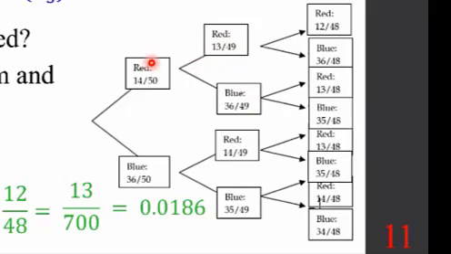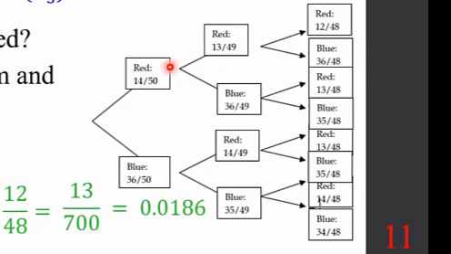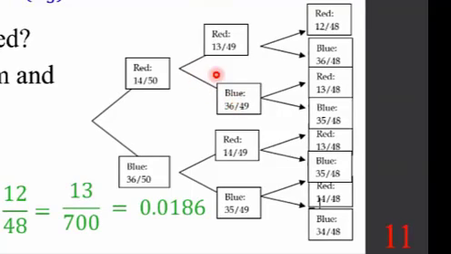So when we come here, this 14 goes down to 13. All of this, the second stage, we no longer have a denominator of 50. All of them have the same denominator, 49. But what about the numerator? Red goes from 14 to 13. But when you're in this branch, none of the blues have been chosen, so you have all of 36.